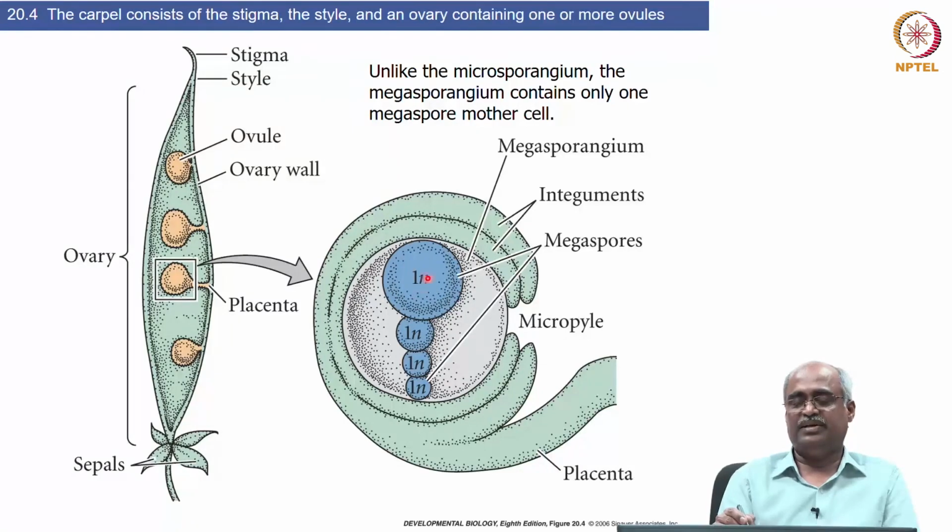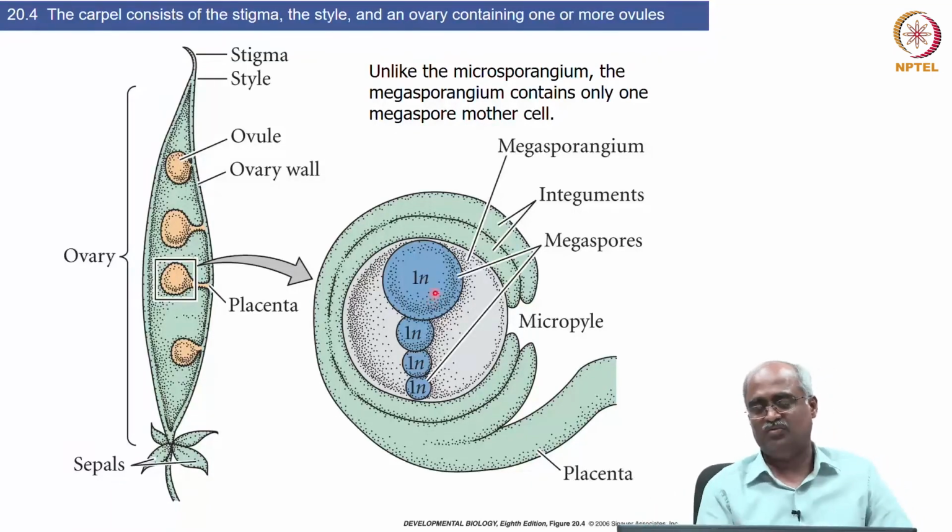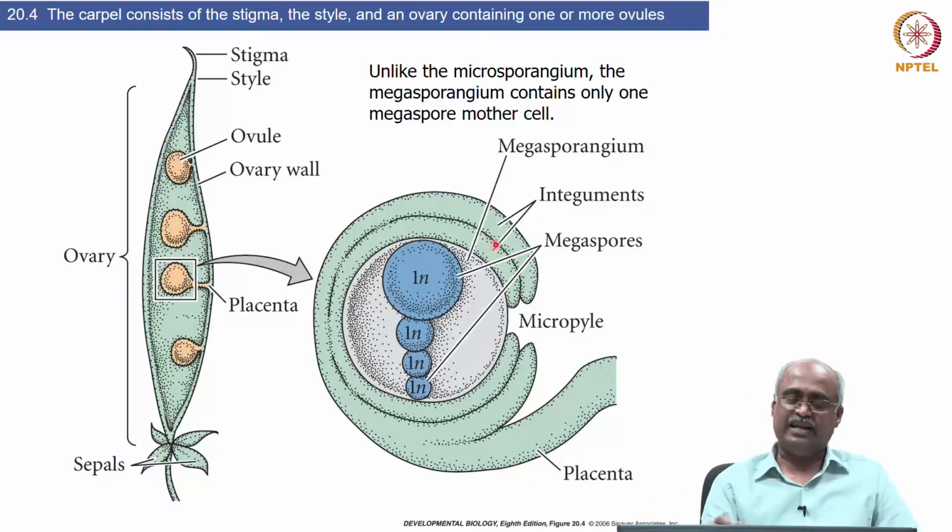This is the one that is going to undergo 3 rounds of mitosis, okay, 3 rounds: 2 to 4 to 8 nuclei it will form. These are encapsulated in a sporophytic diploid cell structure which we call the integument. It is a protective layer.